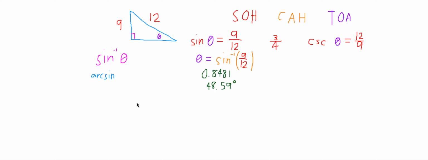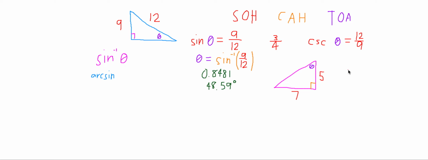So now let's try another triangle here. Assume the lines are straight and the side lengths are going to be 7 and 5, and you want to find this angle right here. Now how will you interpret this? If you find this angle, you can go ahead and use the tangent formula here.